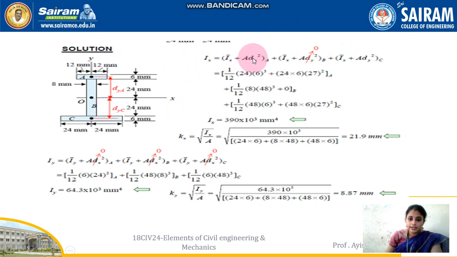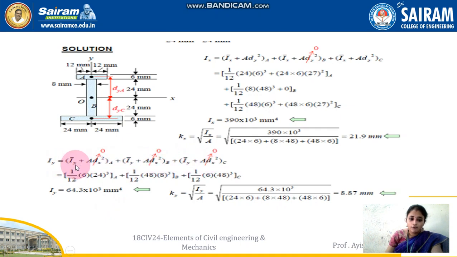Ixx plus A dy square, where d is the distance. I is bd cube by 12 since it is a rectangle. For the second and third portions they do it separately and find the answer for Ix. Using the radius of gyration formula they found kx. Similarly they did the same for Iyy, again with three separate components.